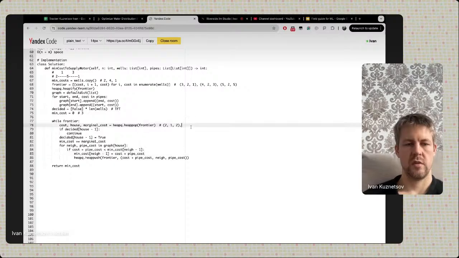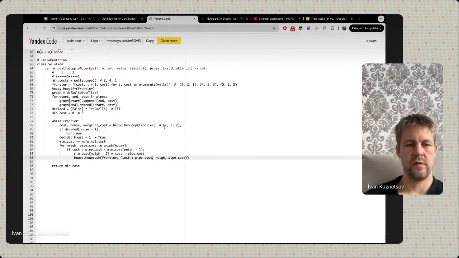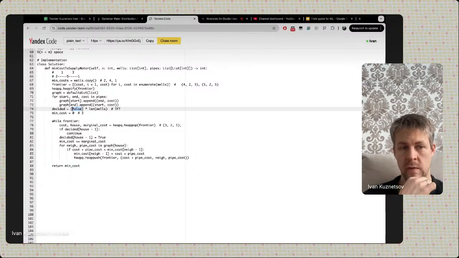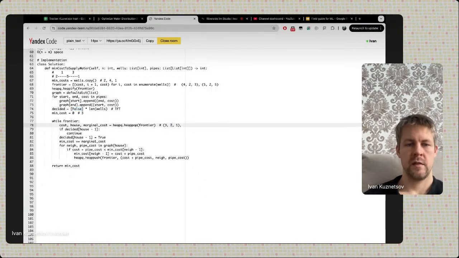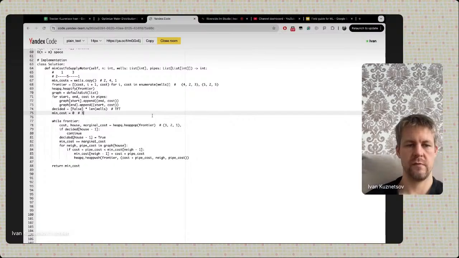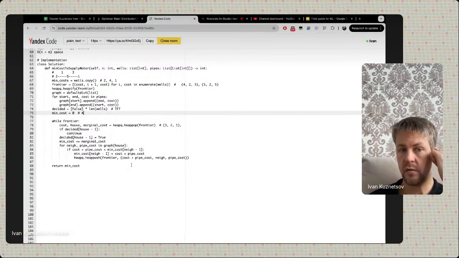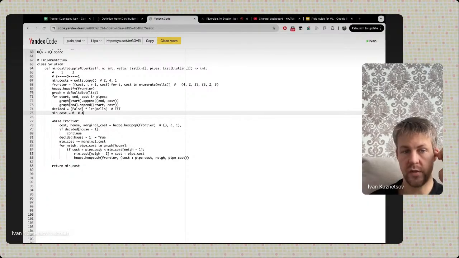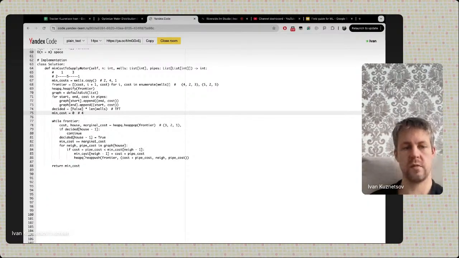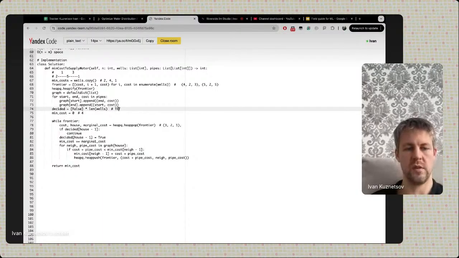And we now update our heap and we iterate further, so we finally get this element from our frontier, which is house 2, and house 2 is decided. Okay, so now minimum cost will be marginal cost 4, and for all the neighboring houses, they will already have smaller cost than cost plus pipe cost, so we are not updating this, and we are updating this decided.